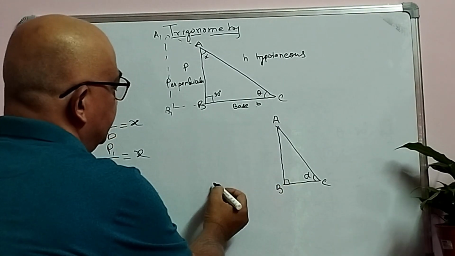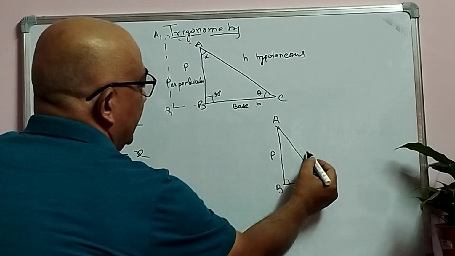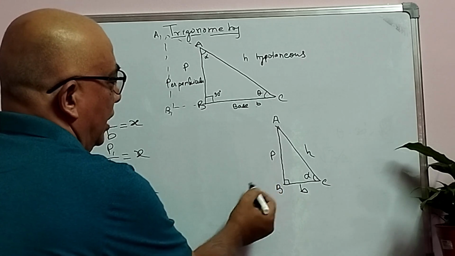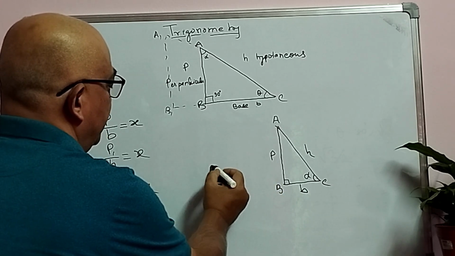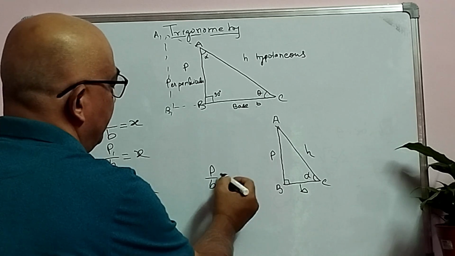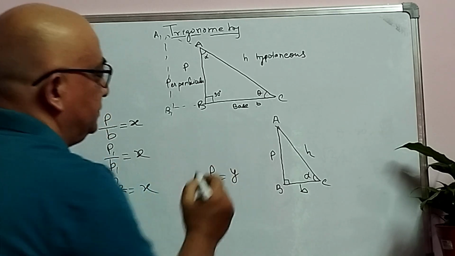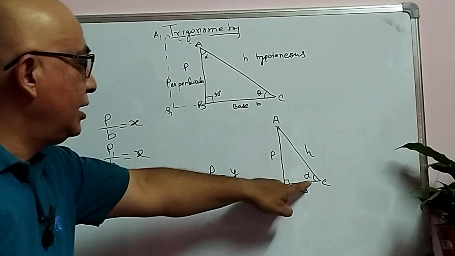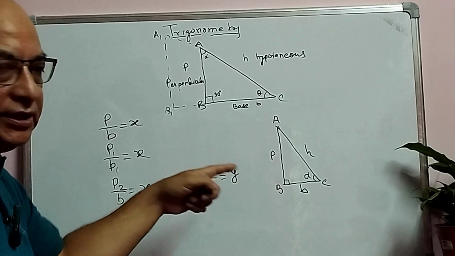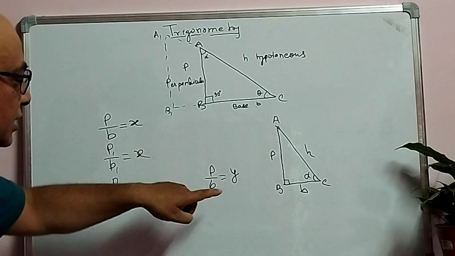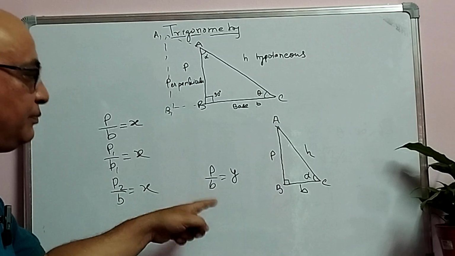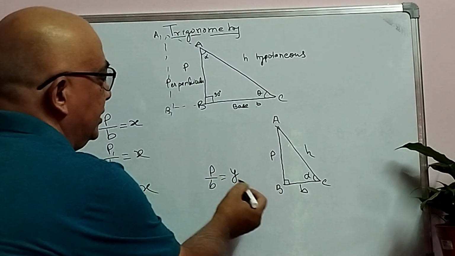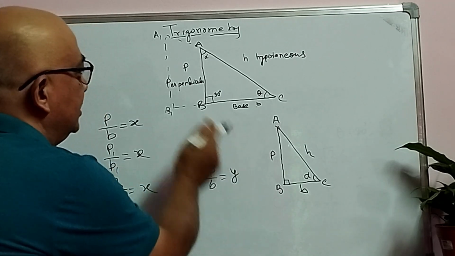For example, suppose here it is P, H, B. Here the ratio of P to B equals, let's say, Y, because in this case the angle of reference is theta, here the angle of reference is alpha. They differ from each other, so the ratio is different. But for the same angle of reference, this ratio will always be the same, again as in this case.